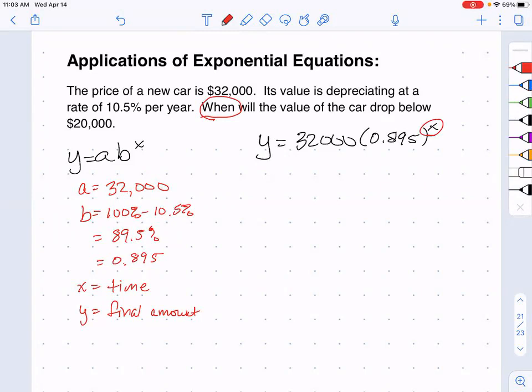Really, I can just answer when will it drop to 20,000, and then anything beyond that time will be less than 20,000. So where am I going to put the 20,000? 20,000 equals 32,000 times 0.895 to the X power.